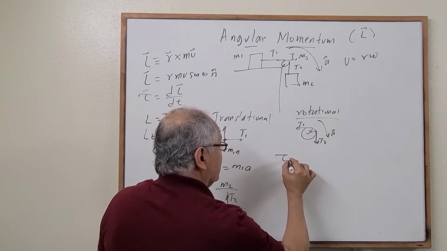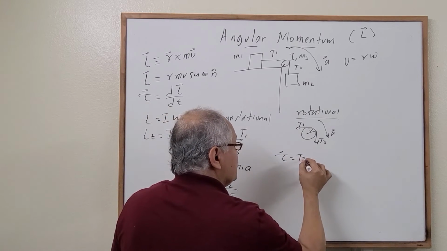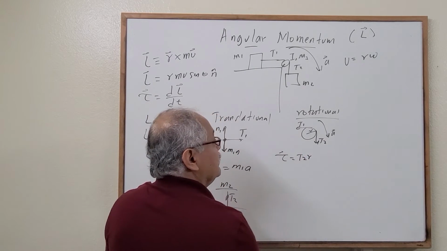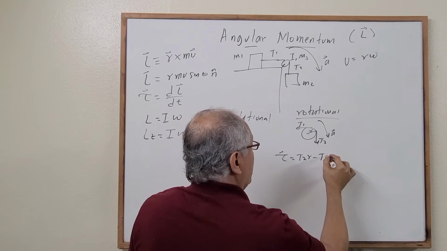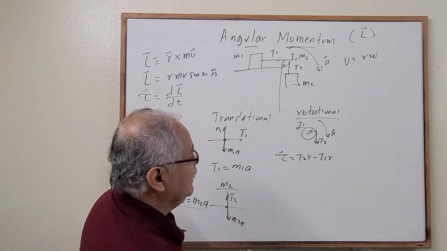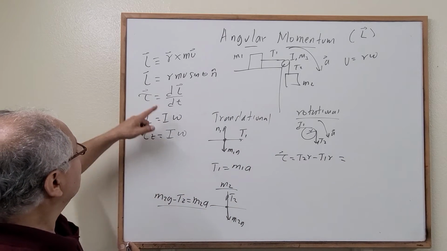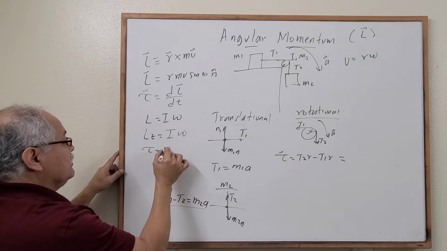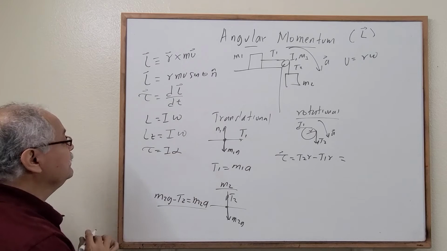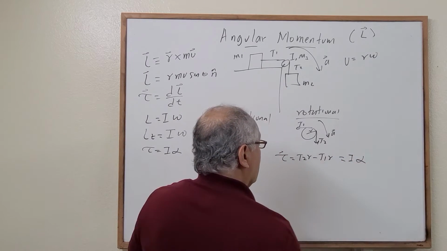The net torque is equal to T2 times R minus T1 times R. Correct. It is equal to, in the previous chapter we found that torque tau is equal to moment of inertia times alpha.